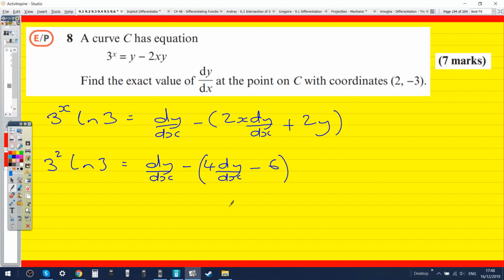The second line, it shouldn't be in brackets because I already multiplied. So it was minus 4 dy dx? Yeah, minus 6. So what is 2 times minus 3? Oh, minus 6, so it'd be plus 6. Okay. Just watch out for that.